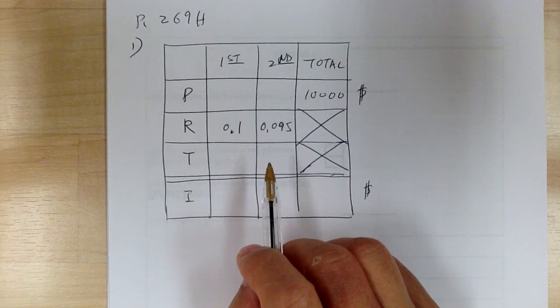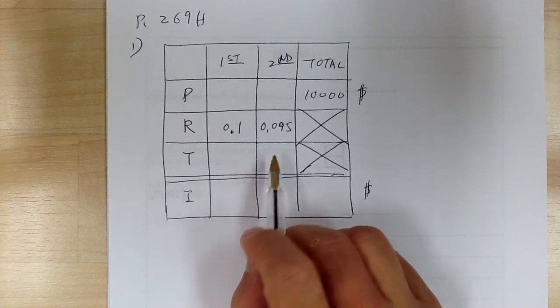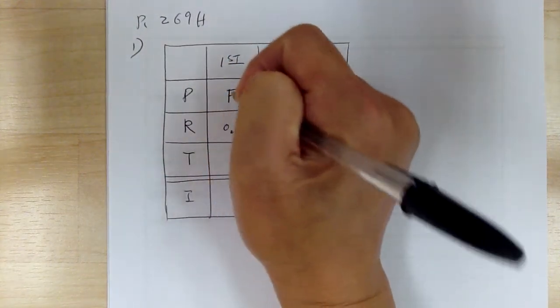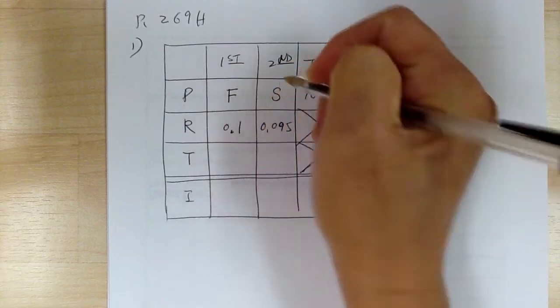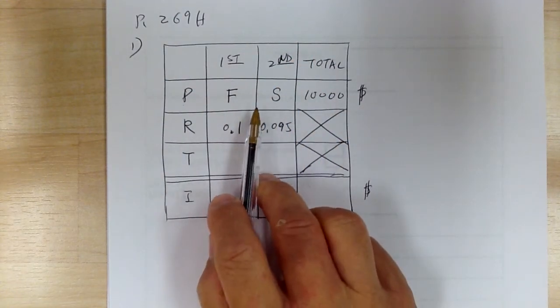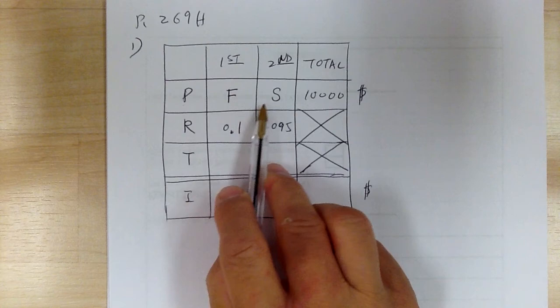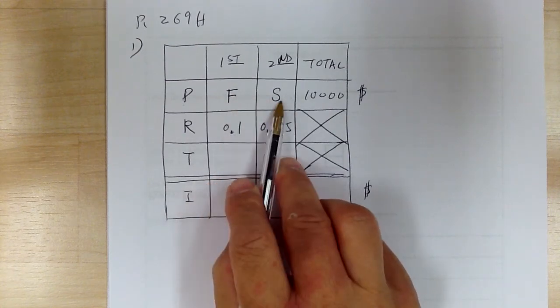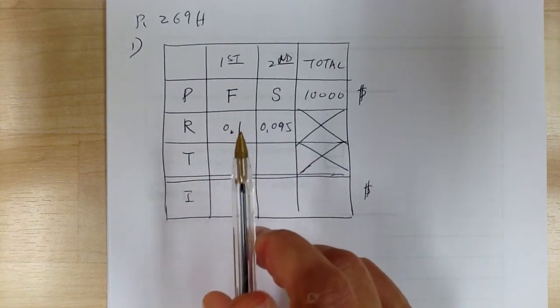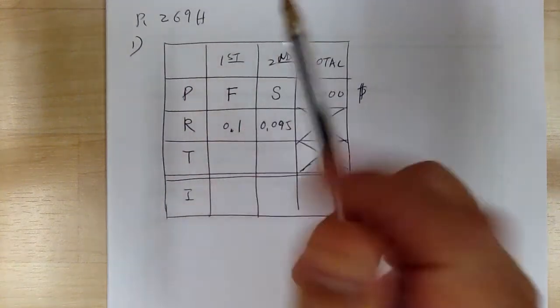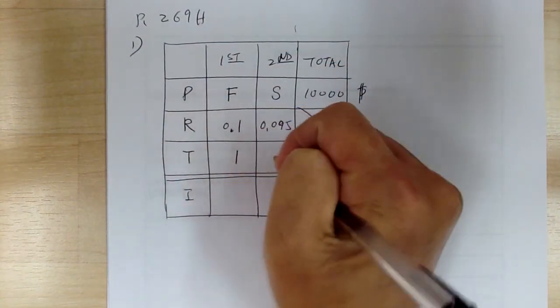Then it asks how much did he invest in each account. So I'm going to use F for first, and S for second. Again, how much? You don't know, that's why it's a variable. Total annual means 1 year. So the word annual means 1 year.